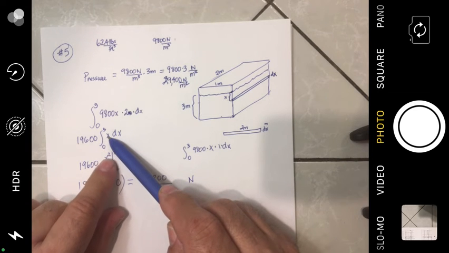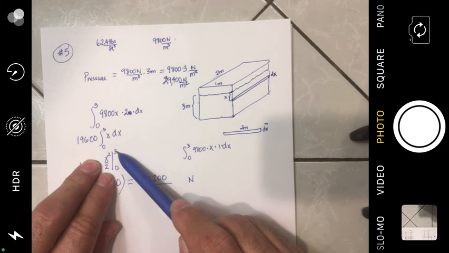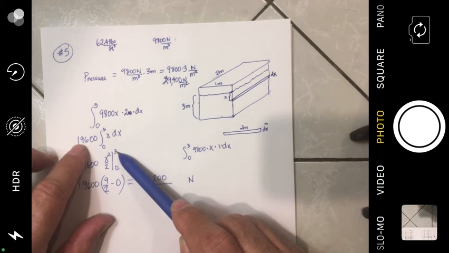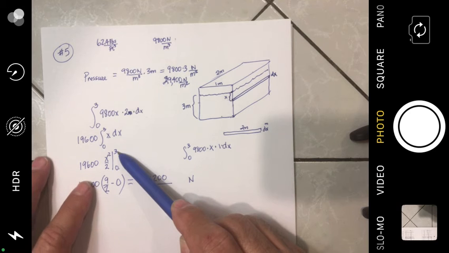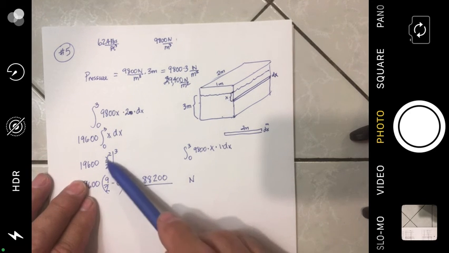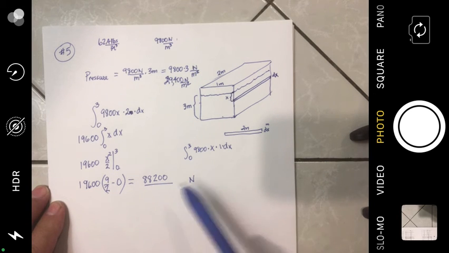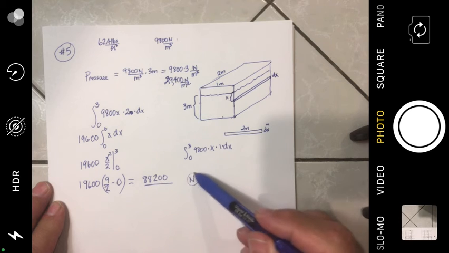Integrating x, I get x squared over 2 from 0 to 3 times the 19,600. I put in the 3 and I get 9 halves. Put in the 0, I get 0. This times this is that. And that would be newtons.